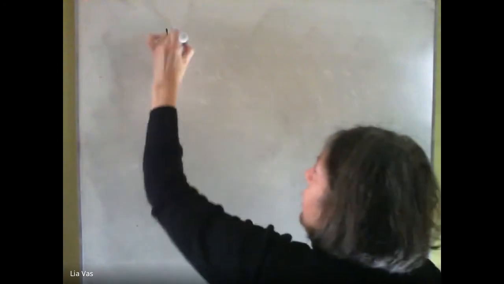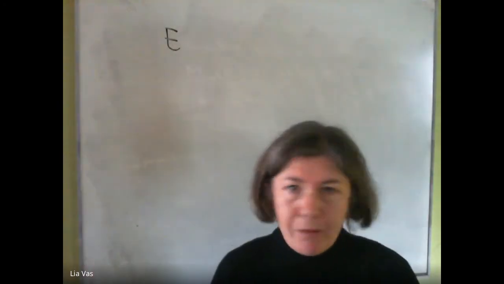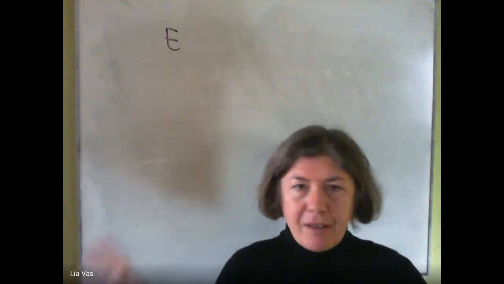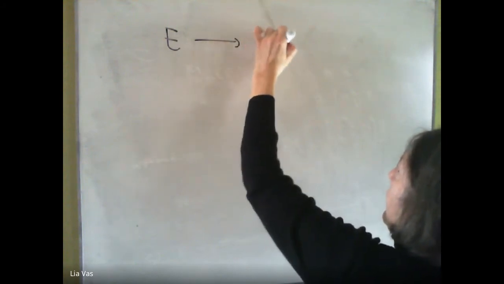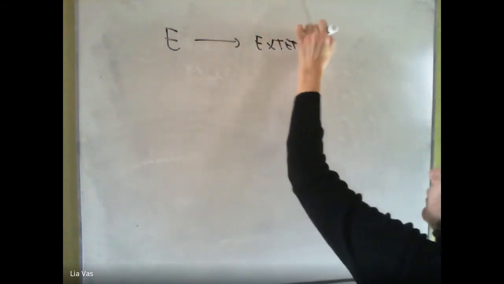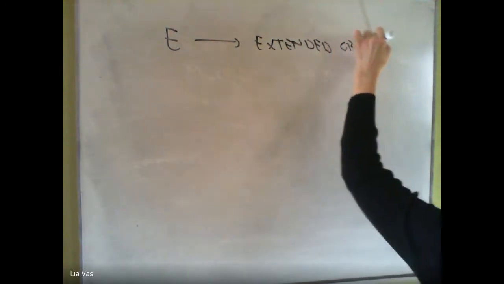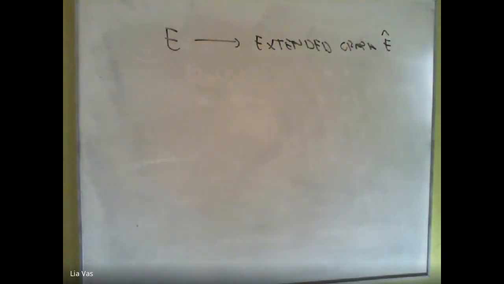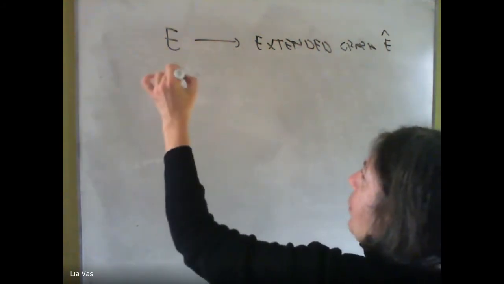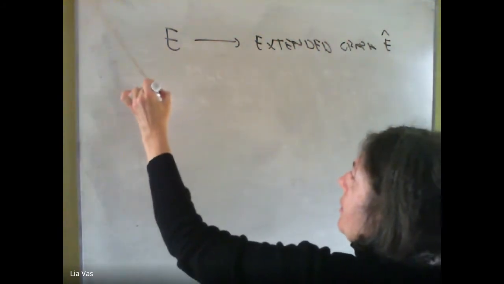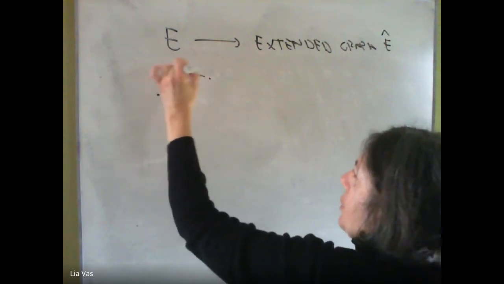Okay, so you were given a graph E. It doesn't have any stars right now, right? It just has paths and vertices and edges. That's it. So you define something called an extended graph, and I will denote it with E hat, which consists of vertices and edges of the original graph.